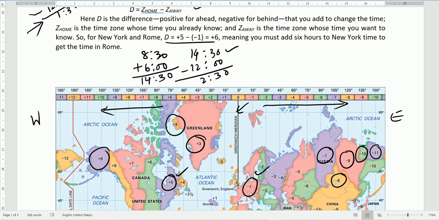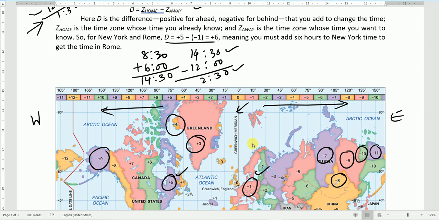So to get the time in Rome, we have to add 6 hours to the New York time. So the time in Rome would be 2:30. As we have already known, you are going to leave New York at 2:30 Rome time.